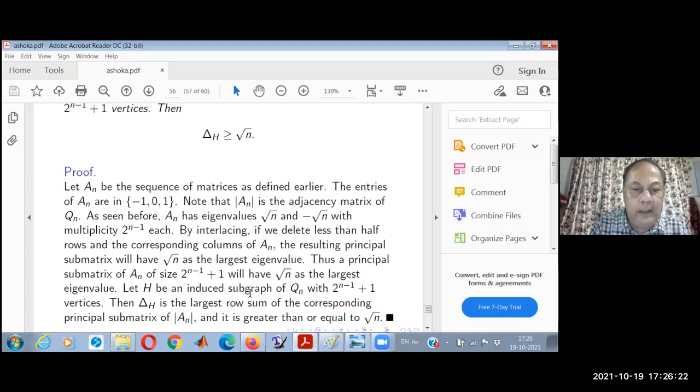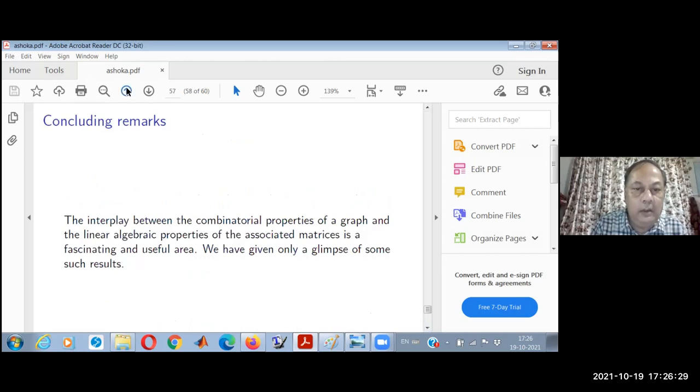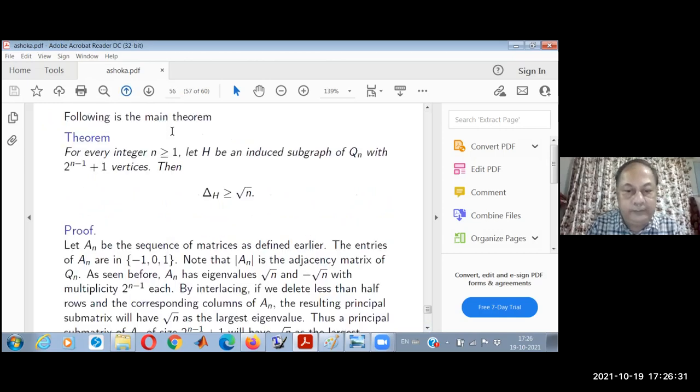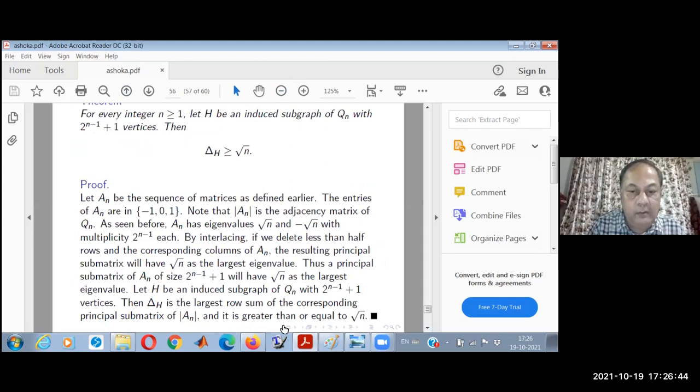And if H is an induced subgraph, then because of the bound between the largest eigenvalue and the largest row sum, if Δ(H) is the largest row sum of the corresponding principal submatrix of |An|, the original adjacency matrix, then it is greater than or equal to √n.